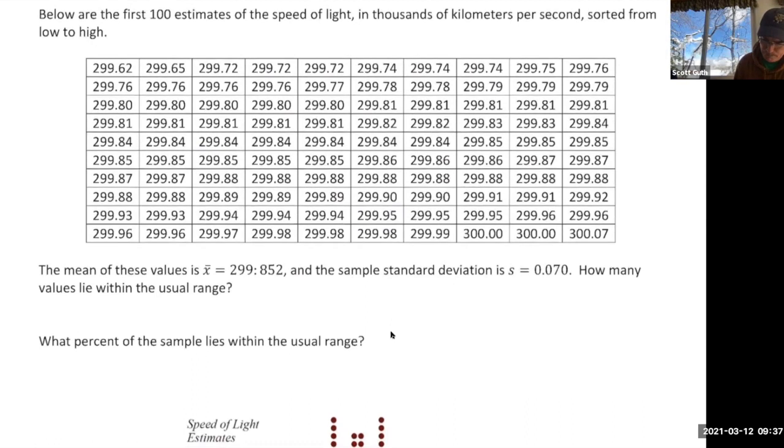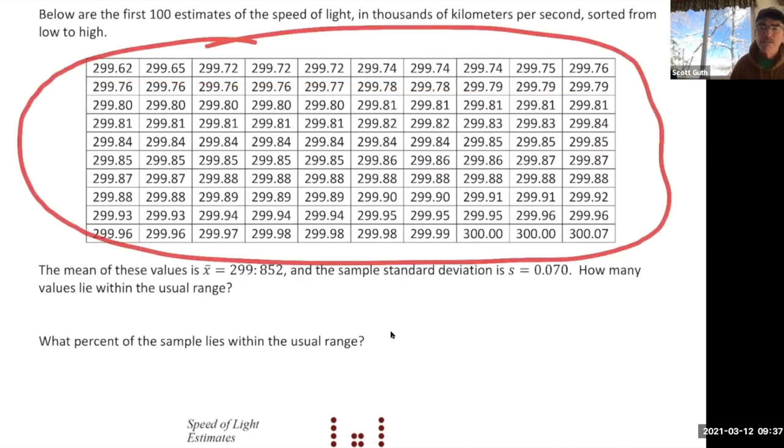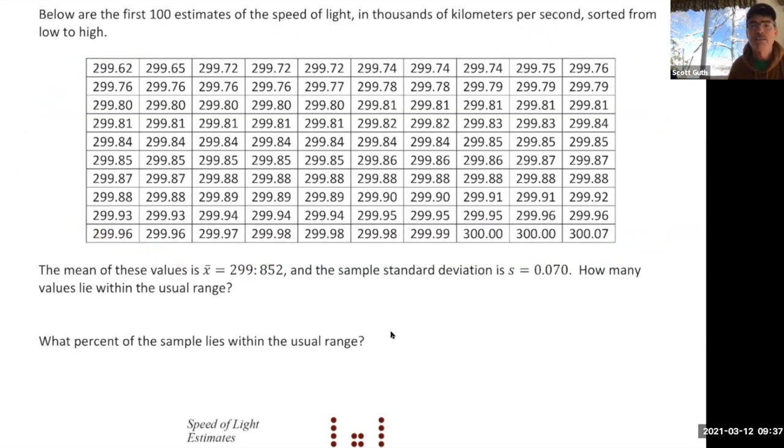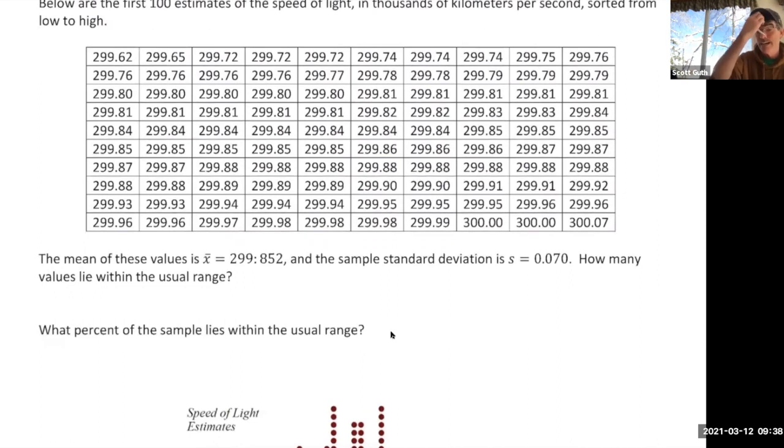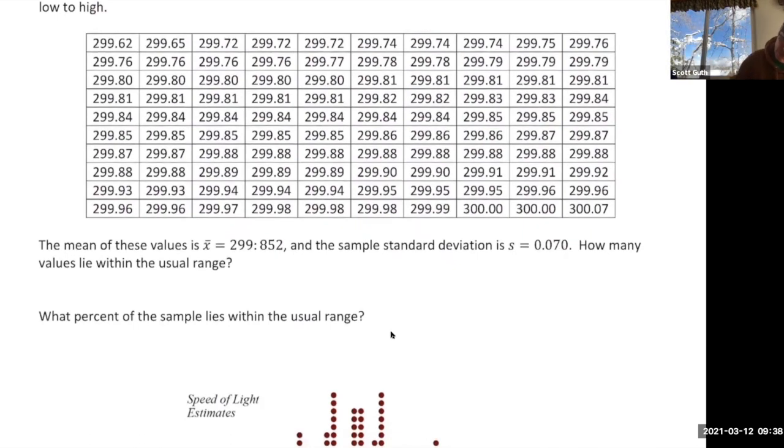They did it hundreds of times, but these are the first 100 estimates of the speed of light. These are in thousands of kilometers per second. So 299,000, 600 and whatever. Okay. Looks like there's a funny little colon down here, which I'm going to make go away. There we go.